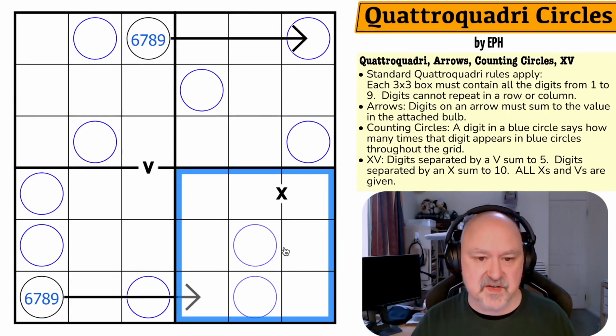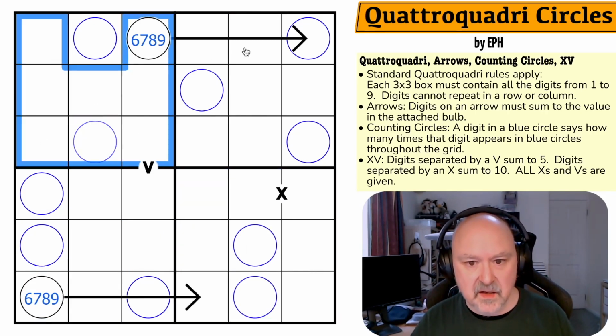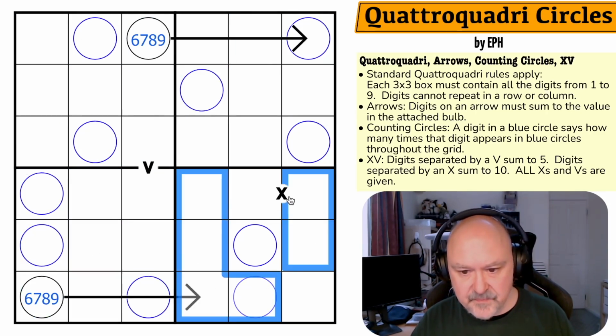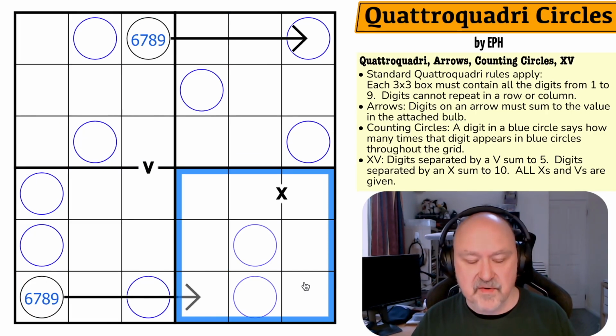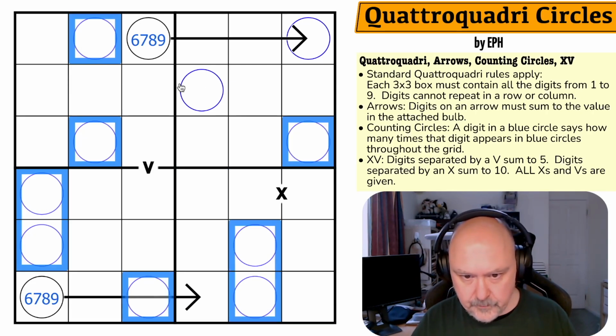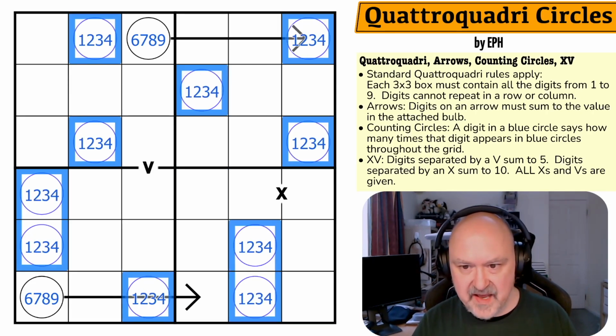If I put 5 into a circle, I could put a 5 in here, in here, in here, and in here, and that's it. I couldn't put a 5th 5 in, but I'd need to if I put a 5 in a circle. So the maximum digit I can put into a circle is 4, and there'd be 4 4s. But then I can't put any more 4s. And then I could add 3 3s, 2 2s, and 1 1. 4 plus 3 plus 2 plus 1 is 10. So these are 1, 2, 3, and 4.